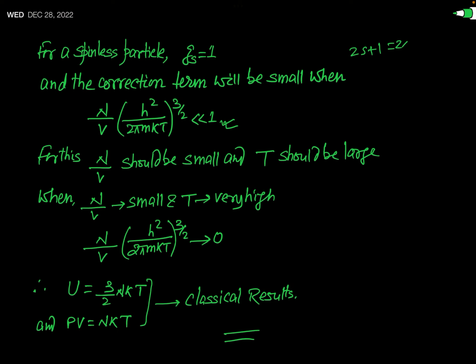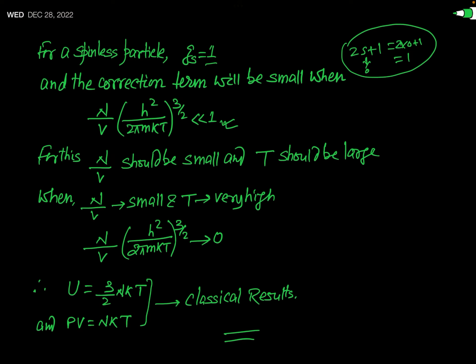And this will be 2 into 0 plus 1, which is 1. So gs will be 1 only when you take s equal to 0, that is, for a spinless particle, gs is equal to 1.